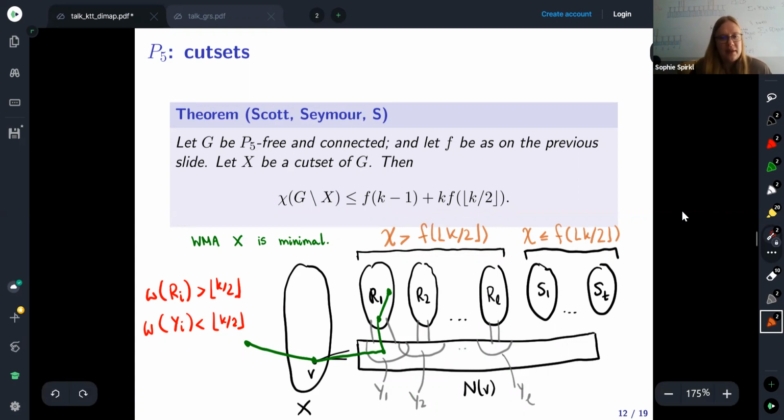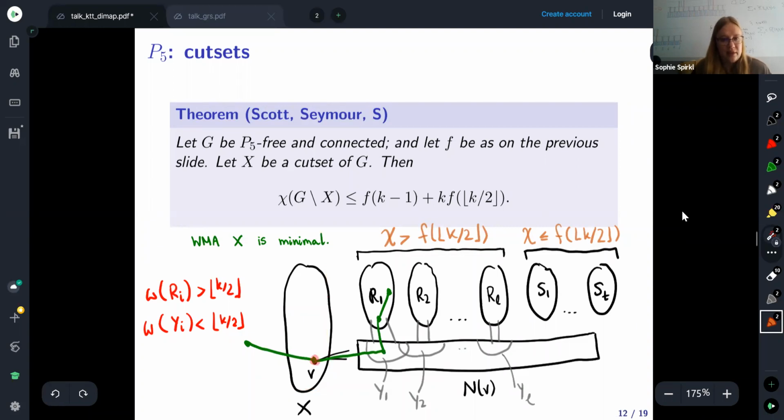Well, we can assume the cut set is minimal because this only gets worse for us if we kick vertices out of the cut set. So let me look at a minimal cut set. And here's X. And now let me look at what happens in the rest of the graph.